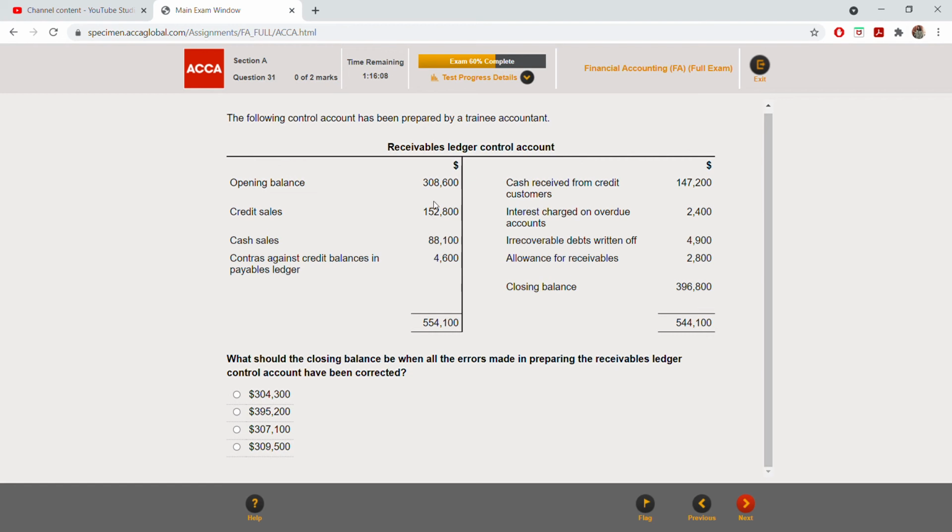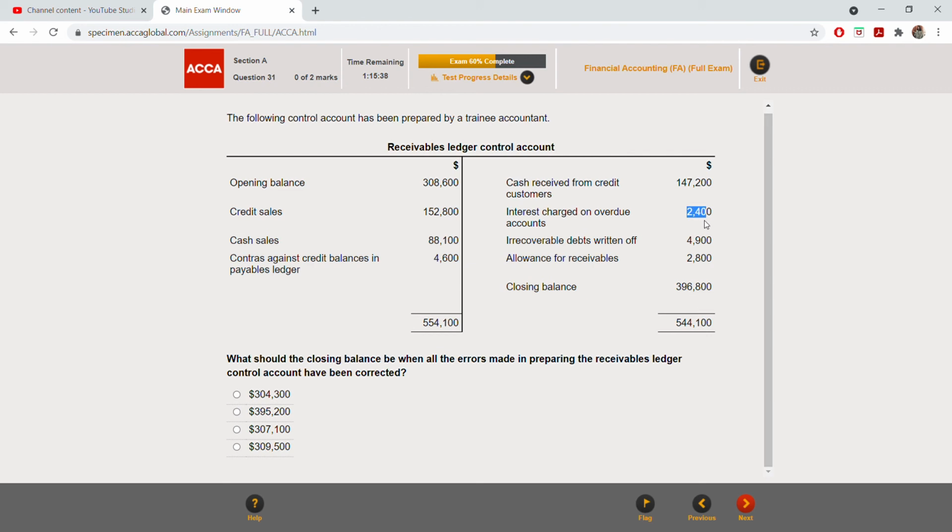So opening balance, that's okay. Credit sale is also okay. Next, the cash sales. Cash sales does not come at all, neither debit nor credit. Then the contra. This contra will be taken on the credit side, okay? Then cash received from credit customers is correct.